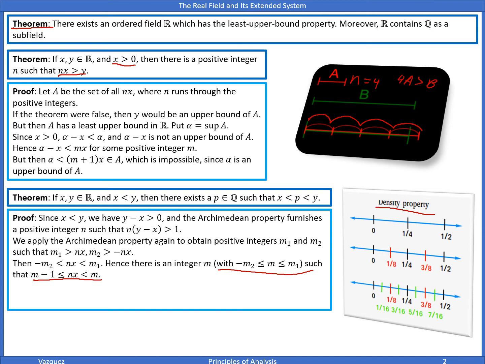Why? Well, because now we can combine inequalities, right? We have that nx is less than m, right? From, let me erase everything and I'll color code. nx is less than m.